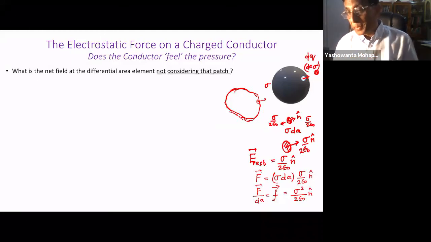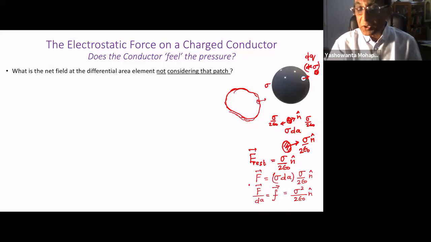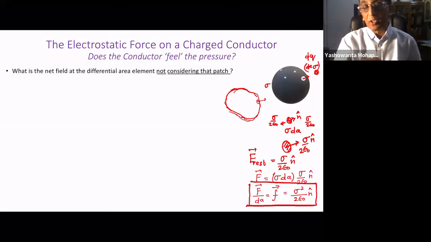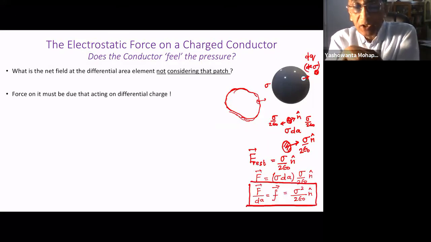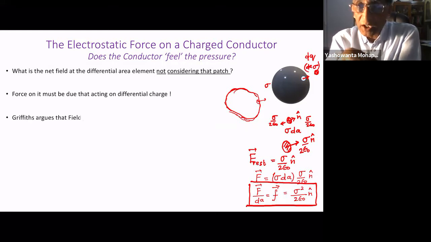Total I know is sigma by epsilon naught, and hence the patch contributes sigma by 2 epsilon naught, and that cannot be giving a force on itself. Hence the pressure, or the force, which is outward force, is this much. So the force must be due to the rest, acting on the differential charge. And I've just argued that.